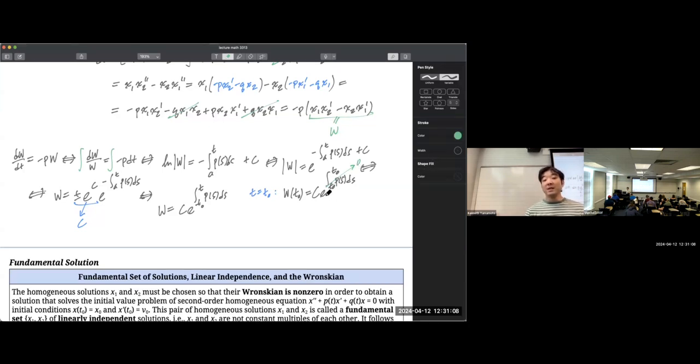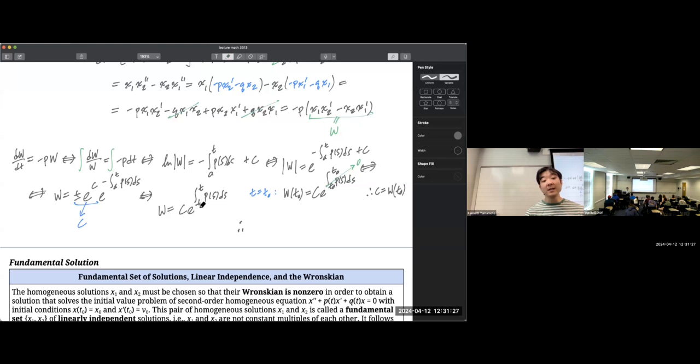So this means that c is equal to the initial Wronskian at the initial time. So that's it. We found that c is equal to this initial Wronskian.